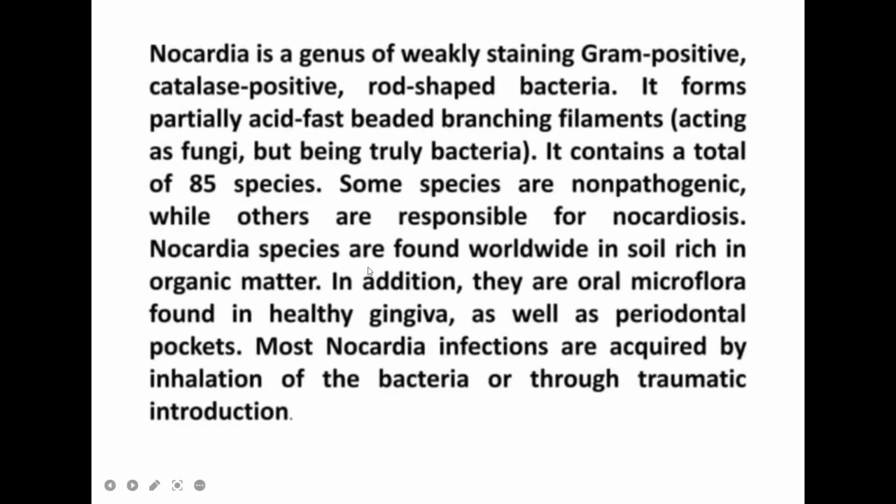Next, Nocardia are found worldwide in soil rich in organic matter, and they are oral microflora found in healthy gingiva as well as periodontal pockets. As we have seen with normal flora, this Nocardia is a part of our oral cavity, present in different parts of our mouth.